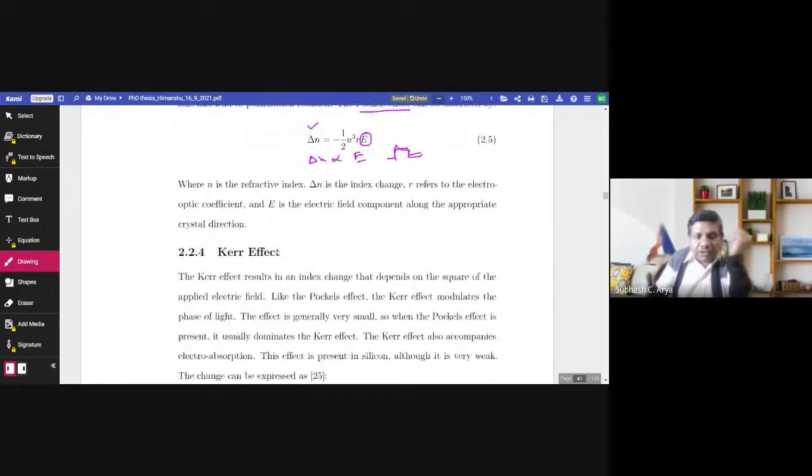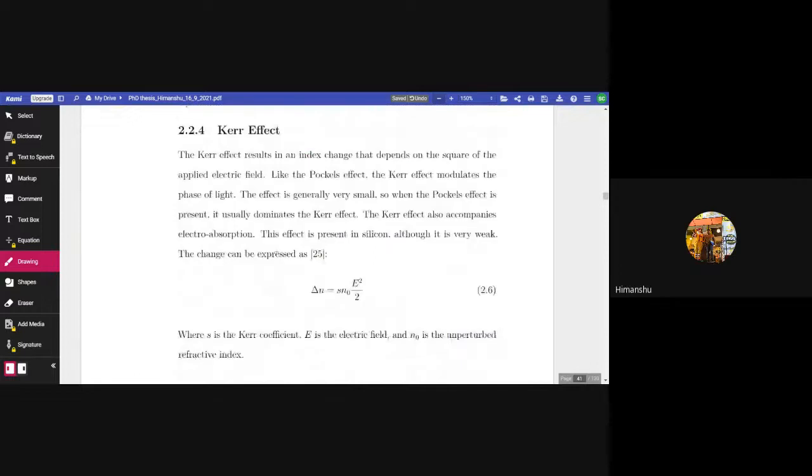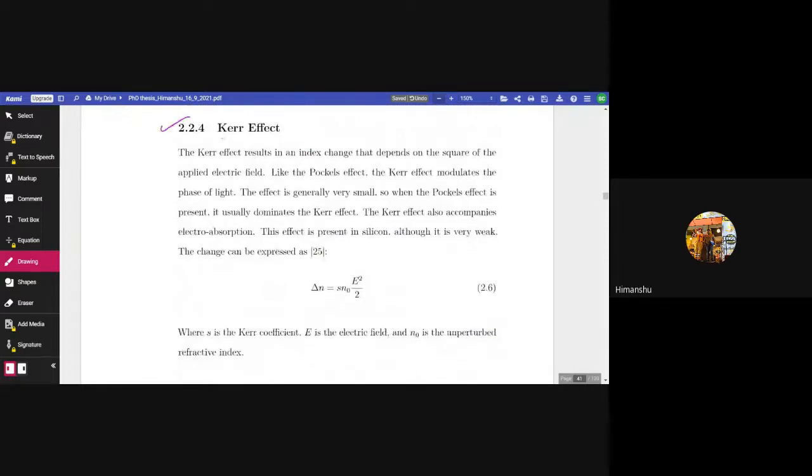Kerr effect. The Kerr effect results in an index change that depends on the square of the applied electric field. Like the Pockels effect, the Kerr effect modulates the phase of light. The effect is generally very small, so when the Pockels effect is present, it usually dominates the Kerr effect. The Kerr effect also accompanies electroabsorption.